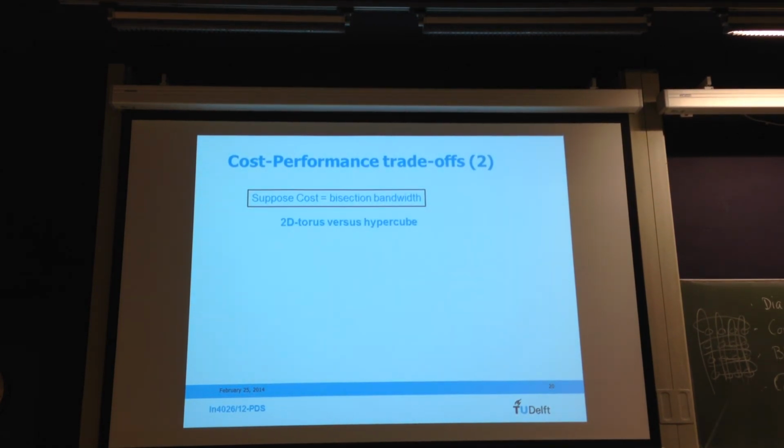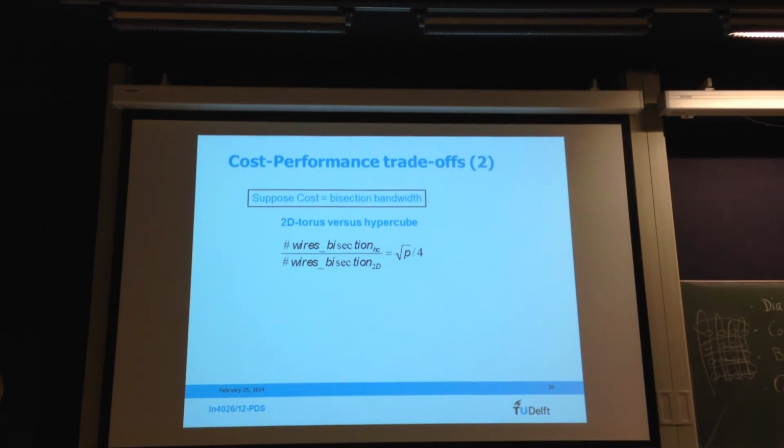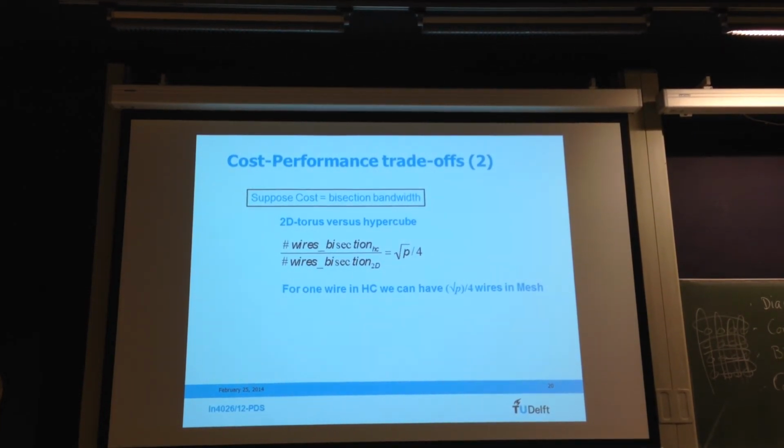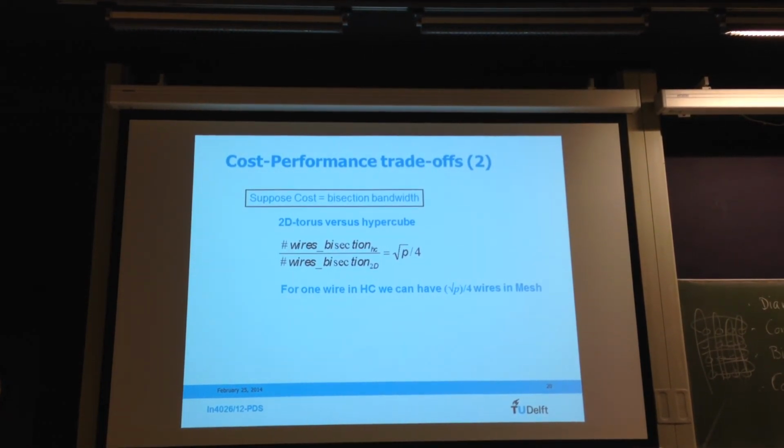Well, 2D torus versus hypercube: the number of wires in the bisection of the hypercube versus the number of wires in the bisection of a 2D torus is the square root of P divided by 4. And we do the same thing. So for one wire in the bisection of the hypercube, we have the square root of P divided by 4 wires in the mesh, in the bisection.